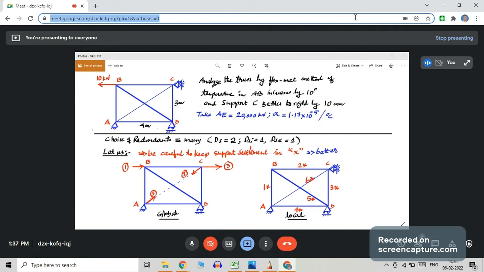But now the complexity is increasing. I am adding one more support settlement at D. So what will happen if the support settlement at D is also included in the problem?